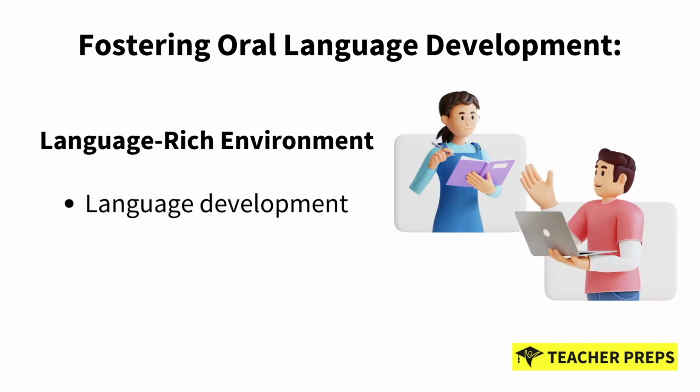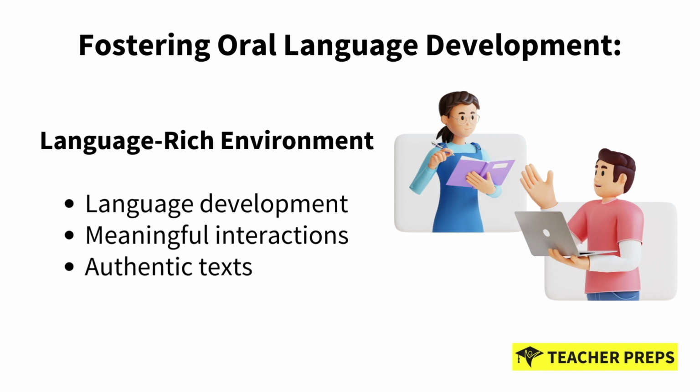Creating a language-rich environment means facilitating a classroom environment that encourages oral language development. Providing opportunities for meaningful interactions, discussions, and collaboration among students. Incorporating a wide range of authentic texts, such as literature, informational texts, and multimedia resources.